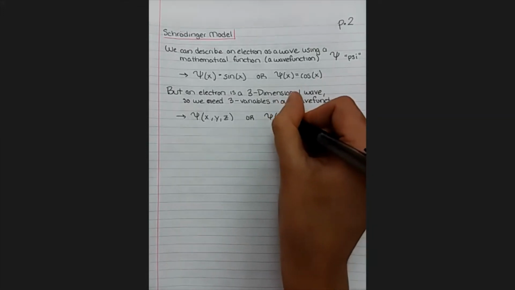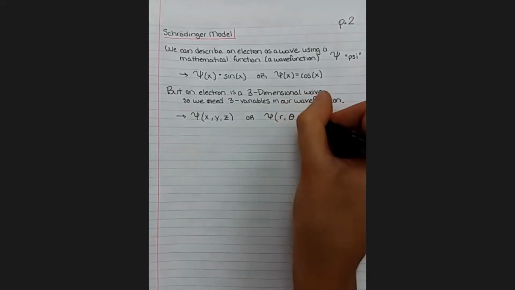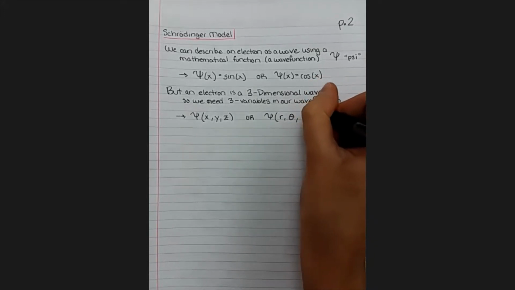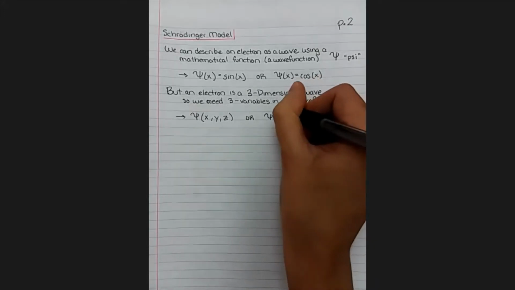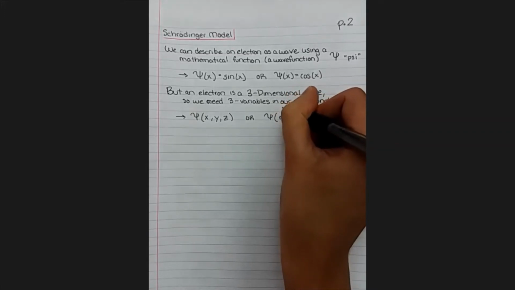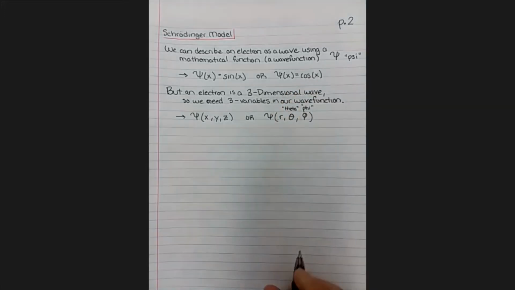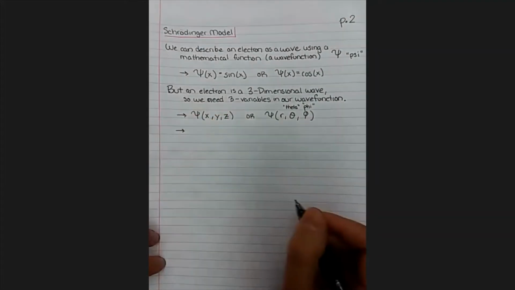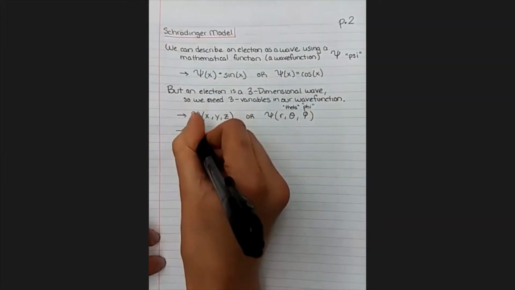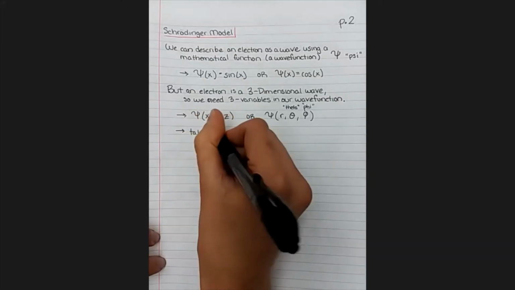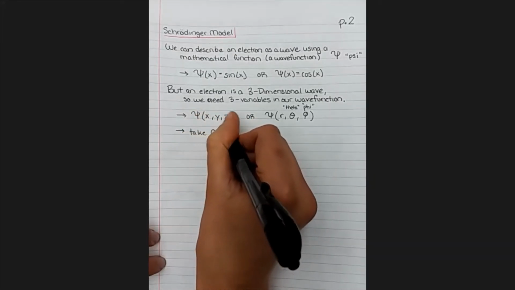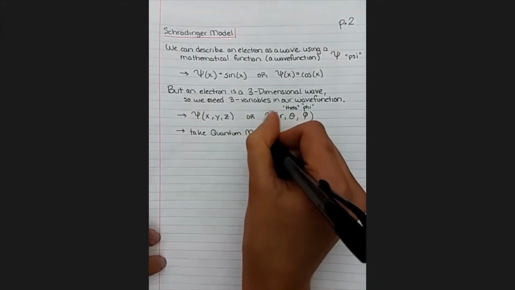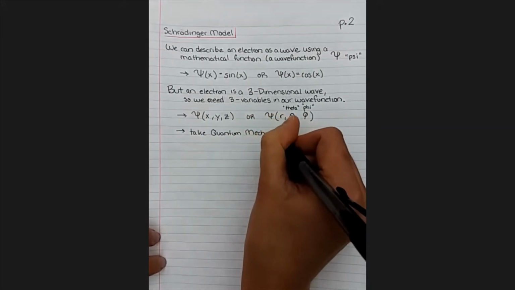And the radial coordinates are r, theta, and another Greek letter called phi. And that is officially as far as we are going to go into the topic, because that is a topic for quantum mechanics. So take quantum mechanics to learn more about electrons as wave functions.